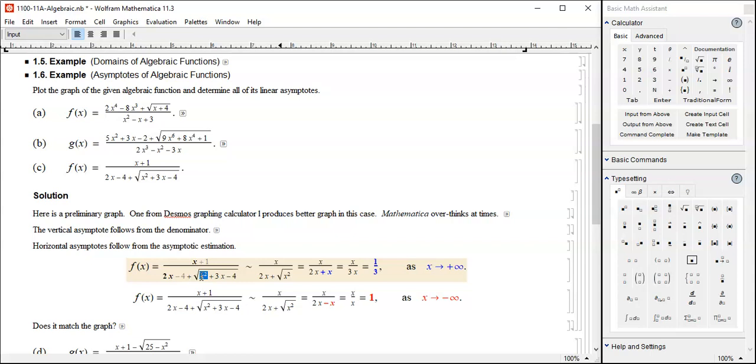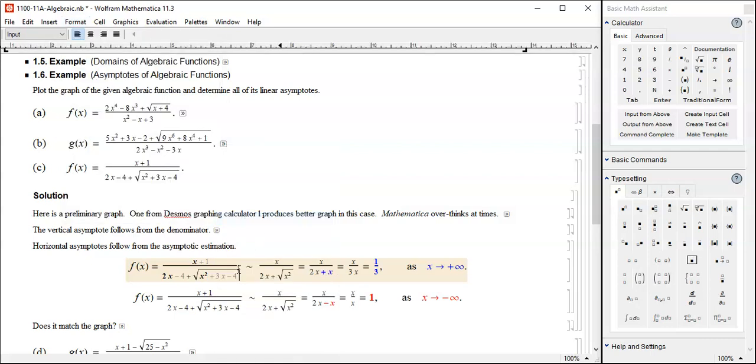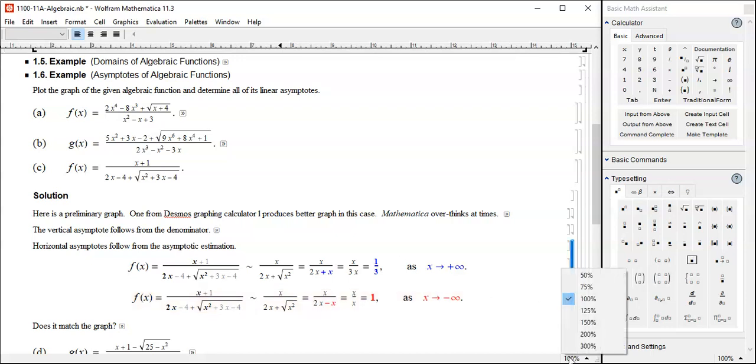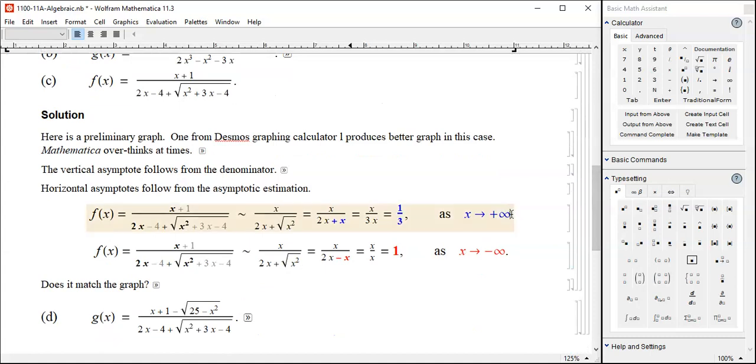This one's important, bold, and then these are not very important. And we have to do the same thing down here as well. Maybe I can increase the font a little bit. Okay. So after taking all those leading terms, both inside and outside the radicals, we can simplify.